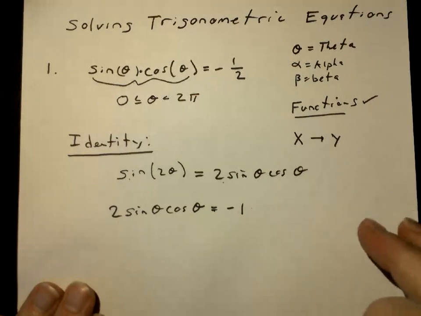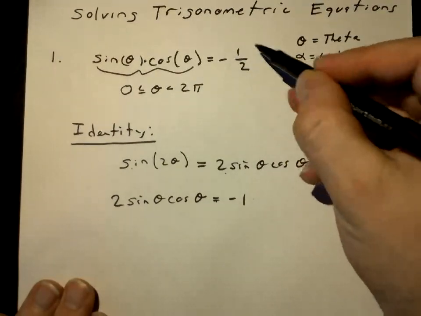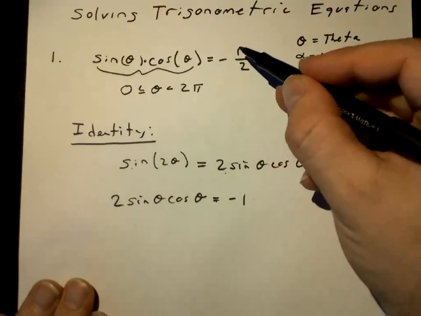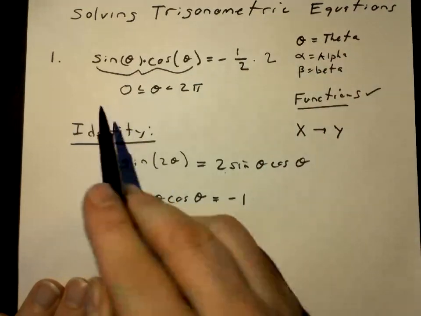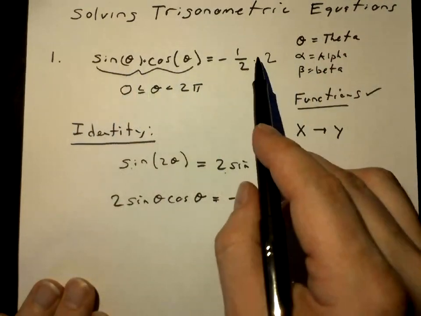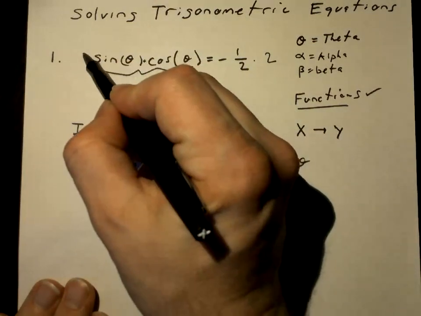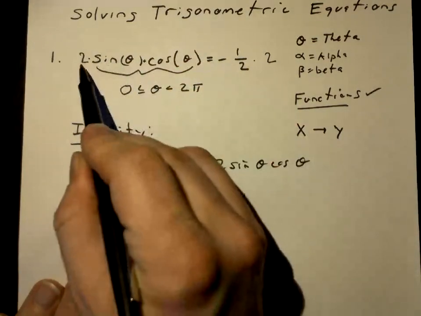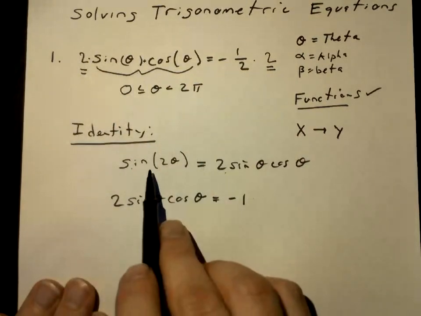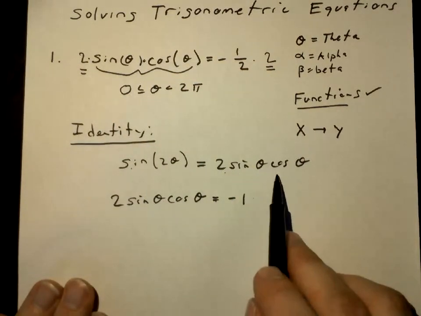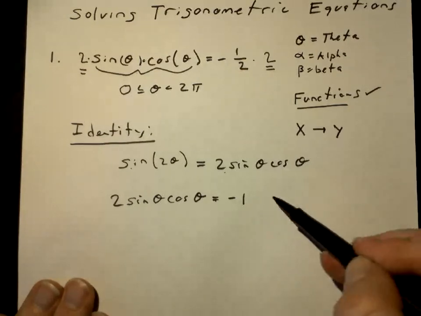So I took this negative 1/2 and multiplied by 2, and then I have to make sure I do it over here. And if you multiply both sides by 2, guess what you have? Look at this. I have that identity. And that comes out to here.